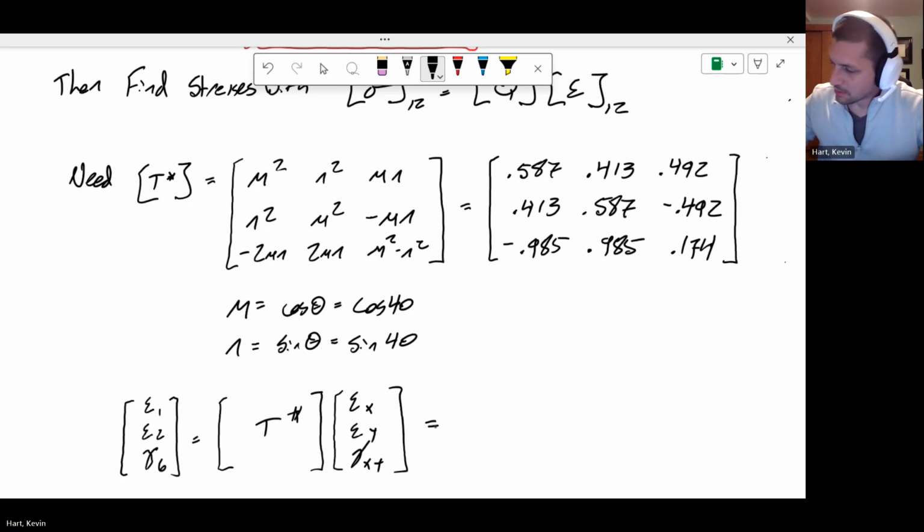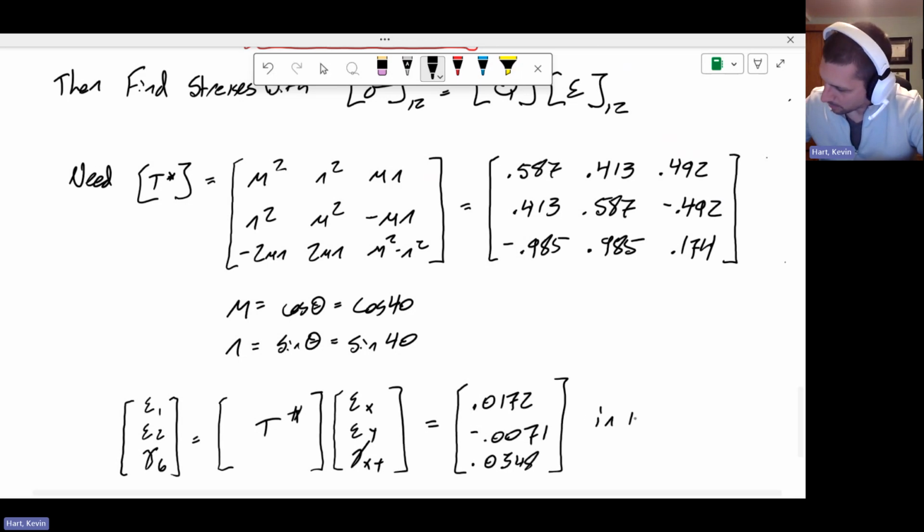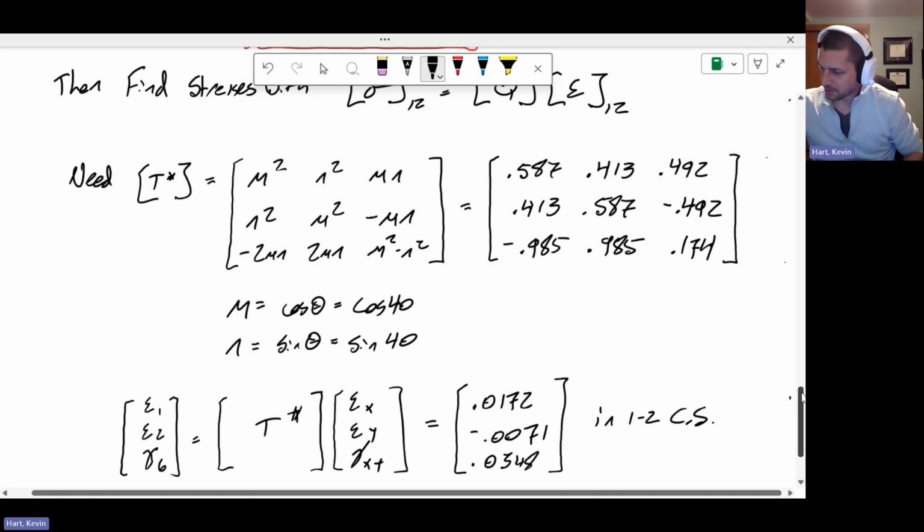After doing this, you'll find that the strains in the 1, 2 coordinate system are 0.0172, negative 0.0071, and 0.0348. So these are the strains we would have in the 1, 2 coordinate system, the principal material coordinates.